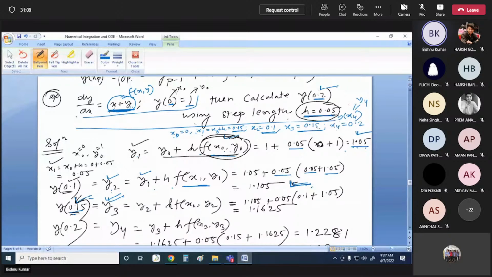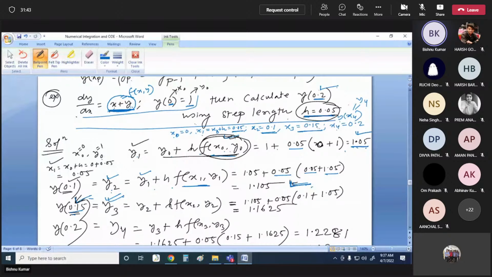Then x3 is clear. You calculate y4 with the help of x3, y3. y4 is y3 plus h f of x3, y3. Y3 was already calculated in the previous line, and h is given to you. Again, x3 is x2 plus h, which is 0.15, already calculated in the previous line. Y4 comes out like this. That is the approximate value, since you are using numerical methods.